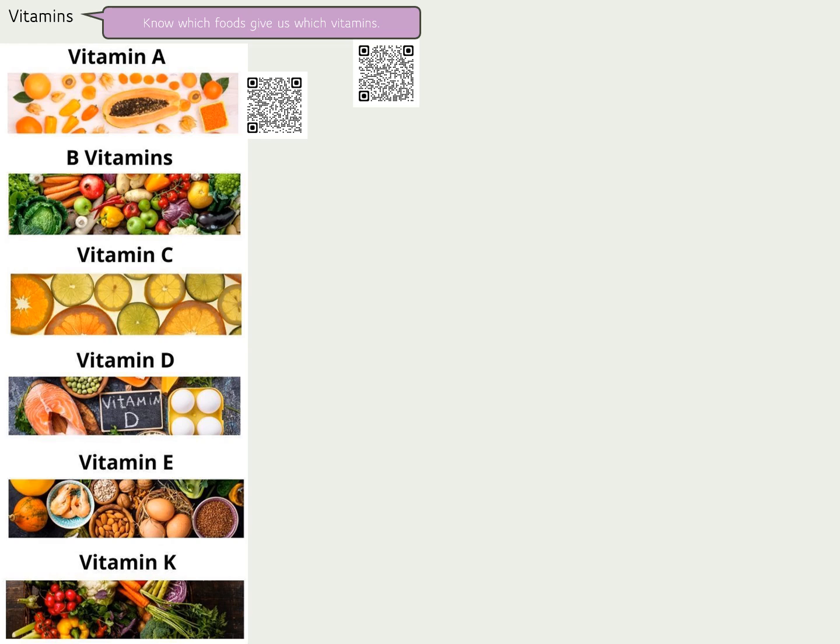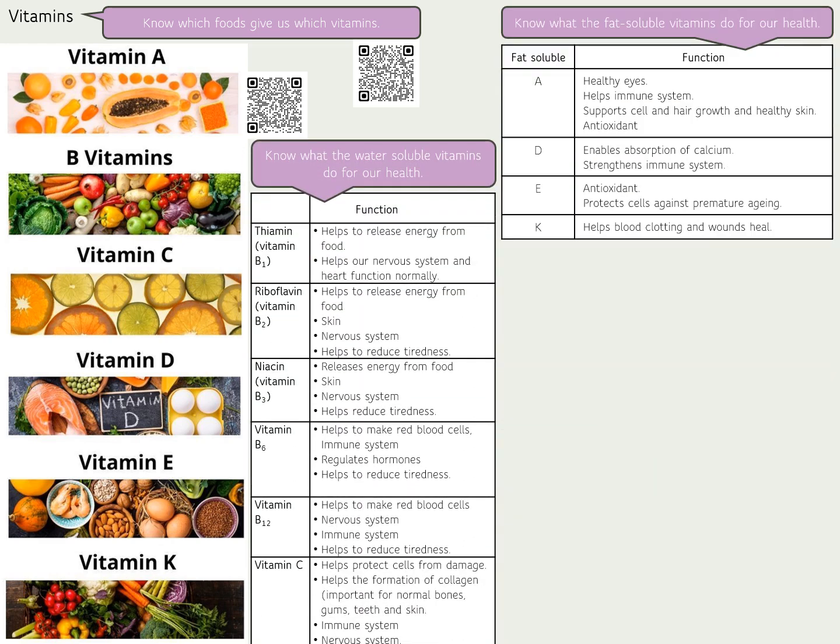We have done quite a lot of work about the vitamins in recent lessons and all of the other micronutrients as well. It is crucial that you know the names, functions and sources of the water-soluble and the fat-soluble vitamins.